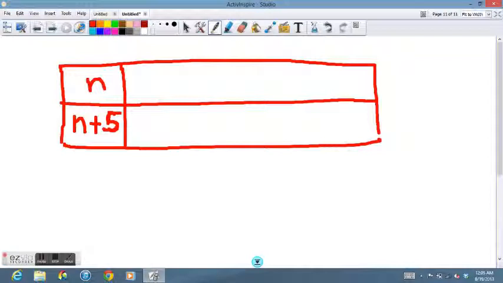Okay? So if I take a number like 3, if 3 is my n, then what is n, my number, plus 5? Well, my number is 3, so n plus 5 is 3 plus 5, so that's going to equal 8.